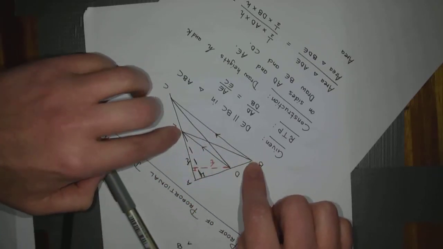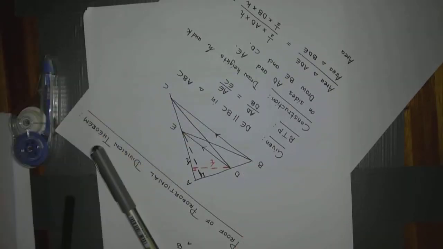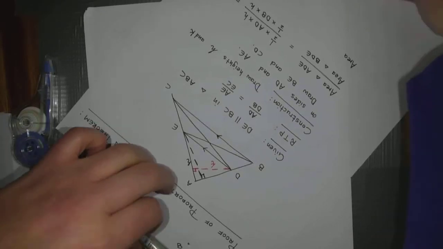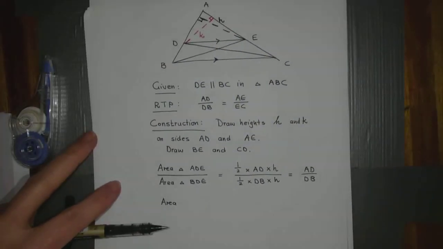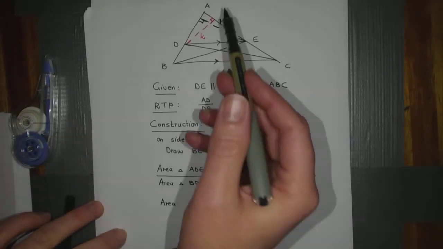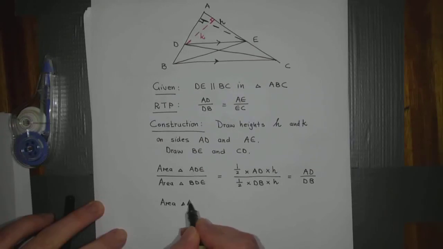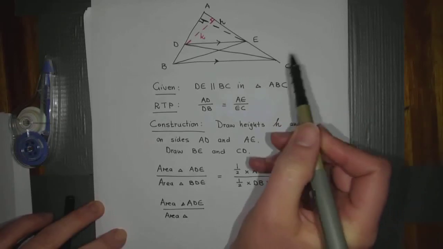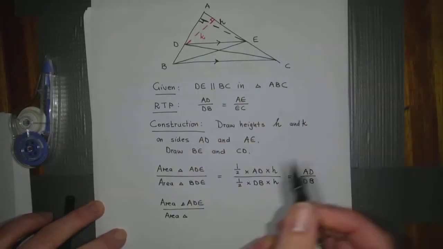And look, it's got a common vertex of E. So this is back to the fact that those two triangles have a common vertex of E, so they've got a common height of H. Can you see that? They've got that common height. So I do exactly the same thing, but I do it on the other side of the triangle. So now I'm again going to look at the triangle ADE, and I'm going to look at the area of triangle CDE at the bottom here.